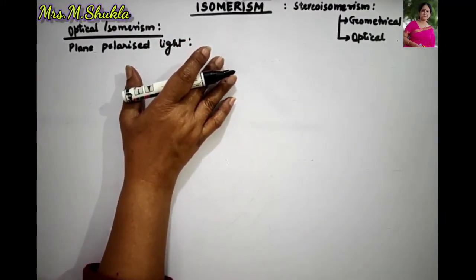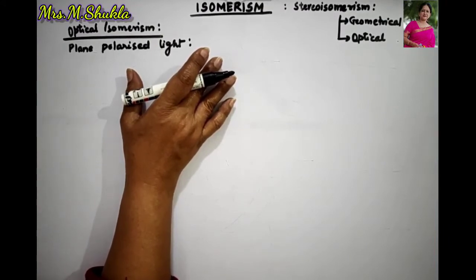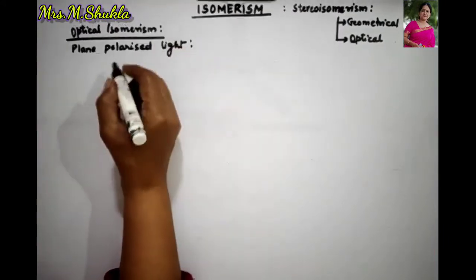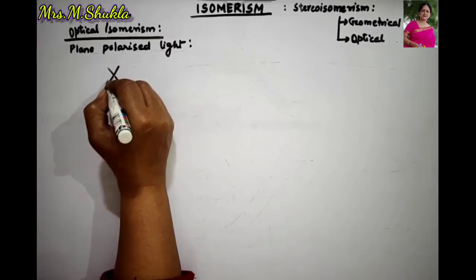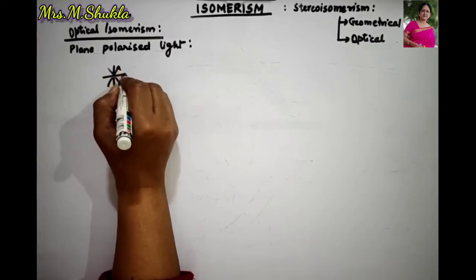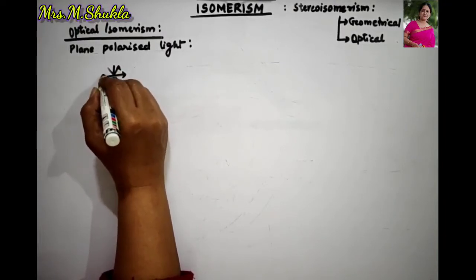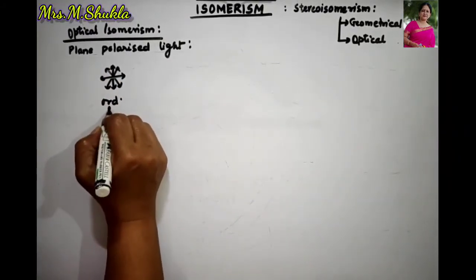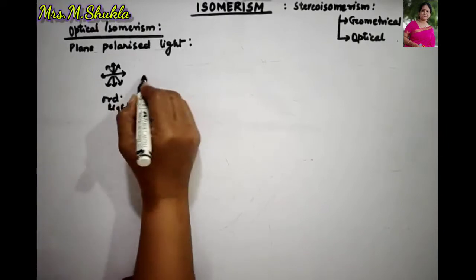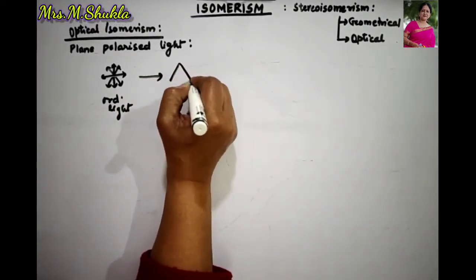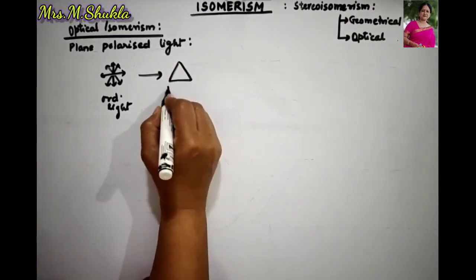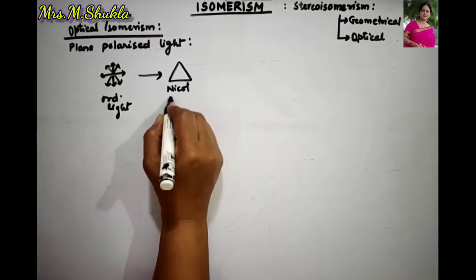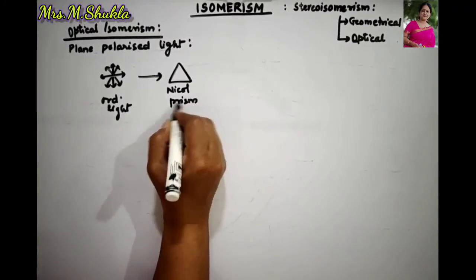Okay, I repeat, now I'll show it to you with the help of a diagram also. Now suppose this is your ordinary light, and suppose this is your Nicol prism.